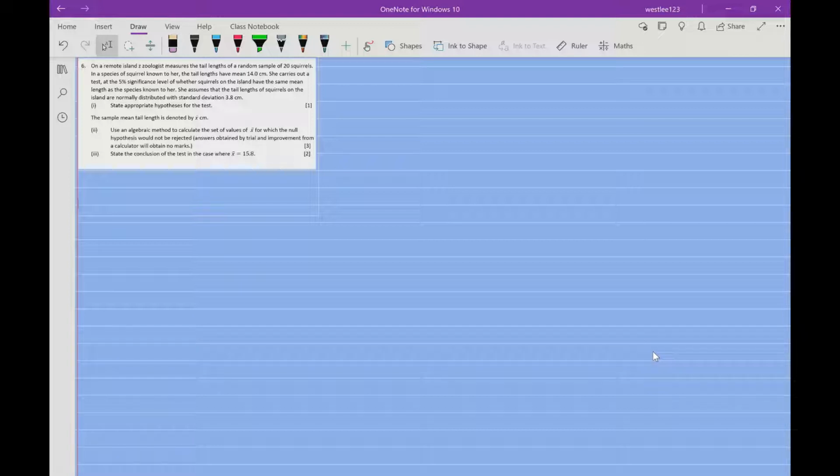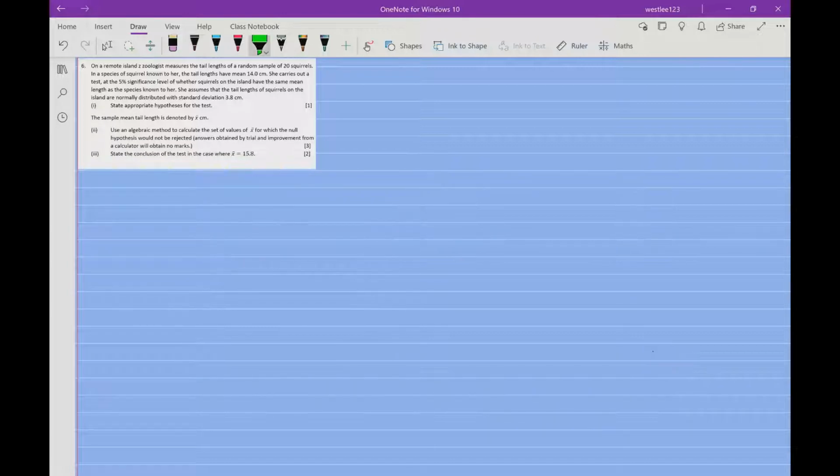On a remote island, a zoologist measures the tail length of a random sample of 20 squirrels. In a species of squirrels known to her, the tail lengths have been 14 cm. So she carries out a test at 5% level of significance to decide whether the squirrels on the island have the same mean length as the species known to her.